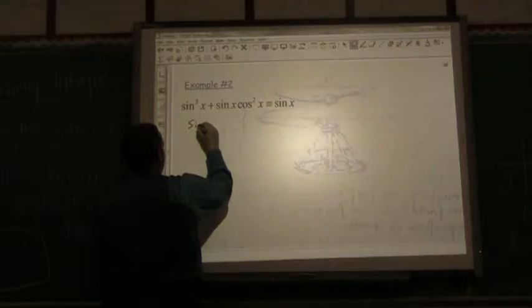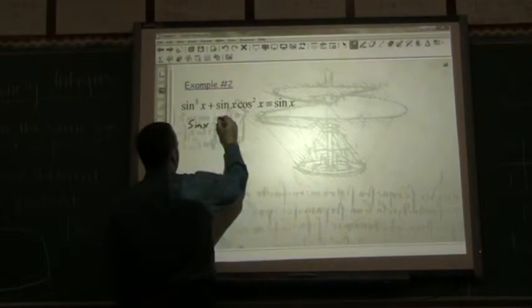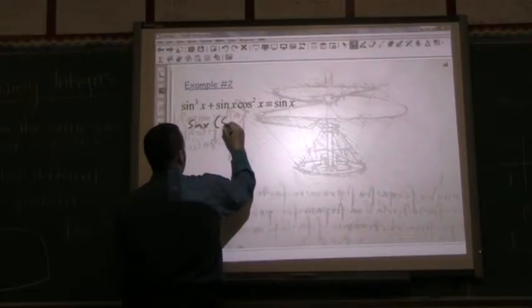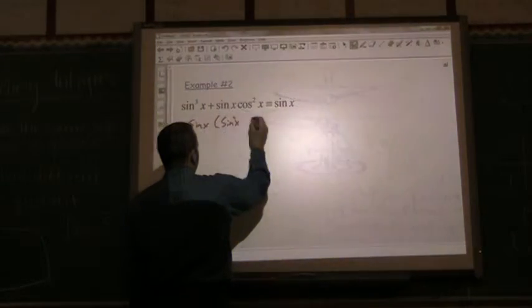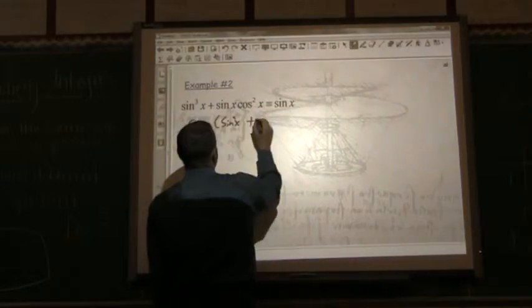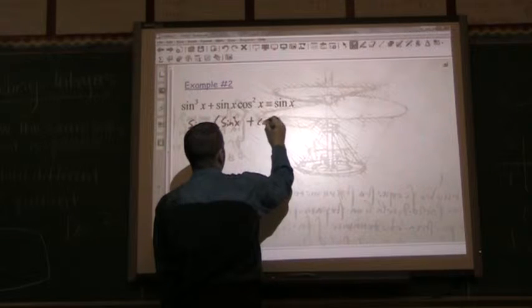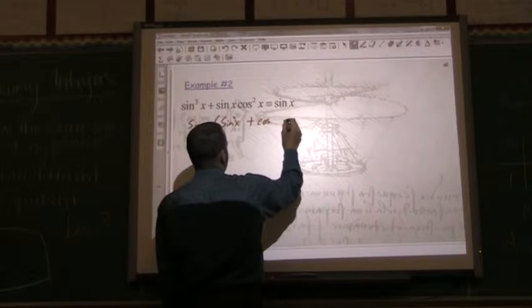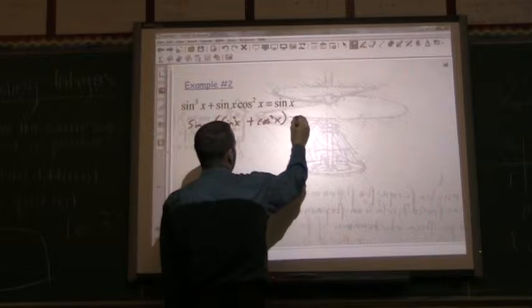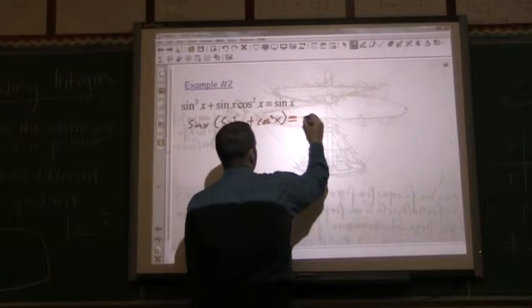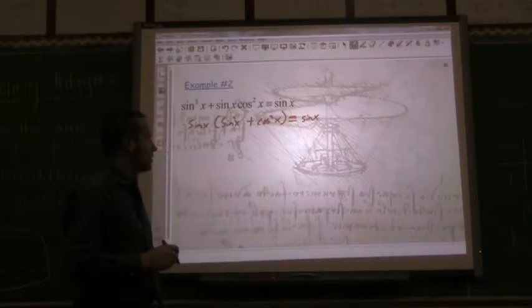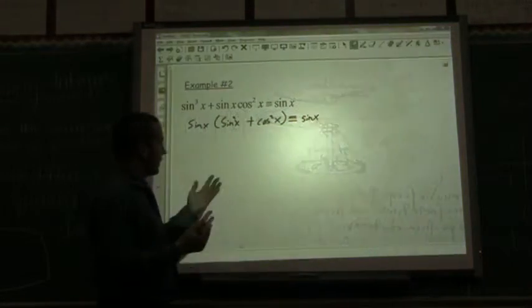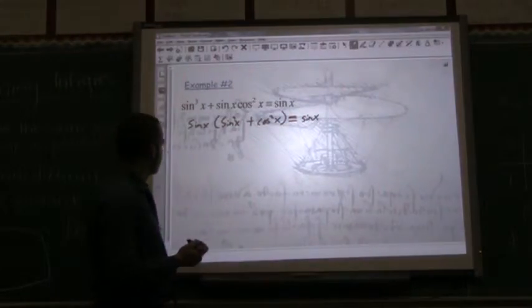So if I factor a sine x out, that'll leave me with sine squared x plus this brought out leaves me with just cos squared x equals sine x. And the right side is already as simple as you can get. I can't simplify the right side.